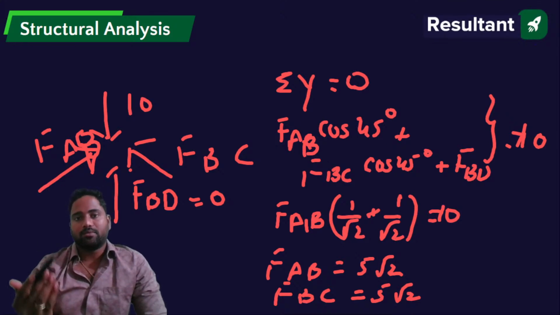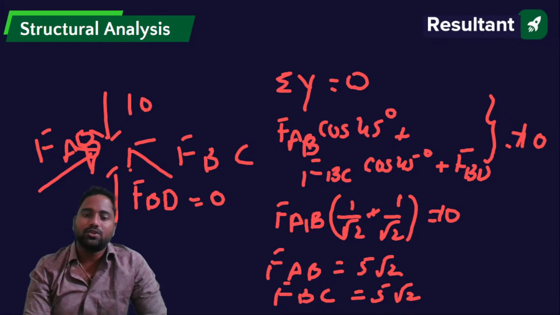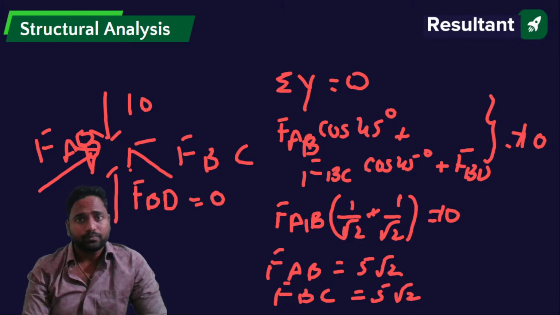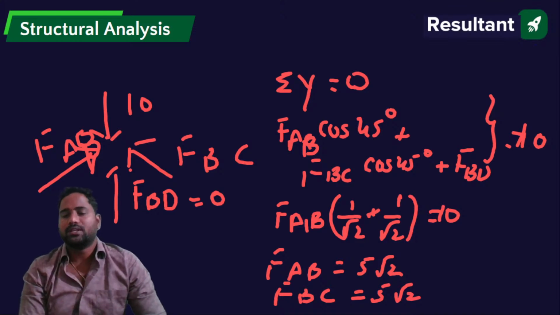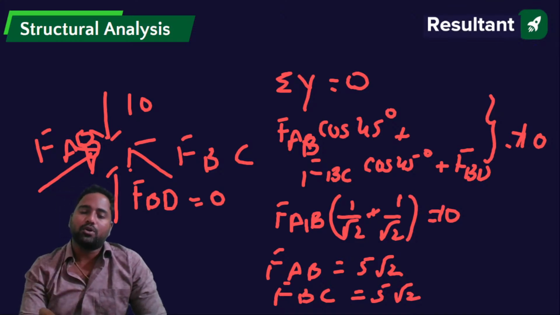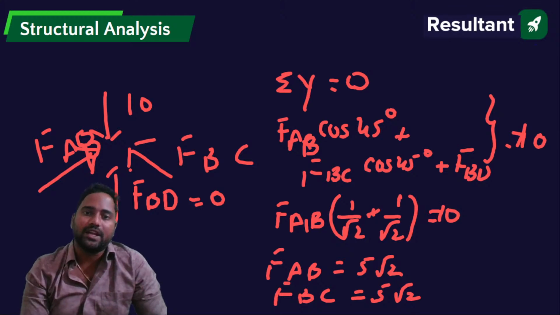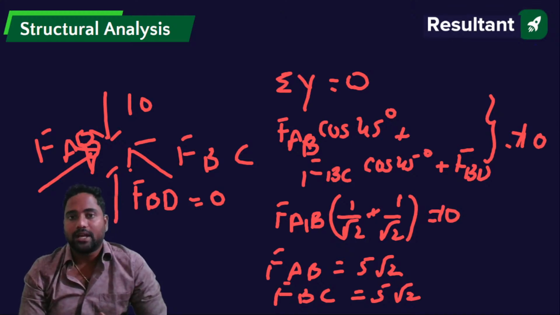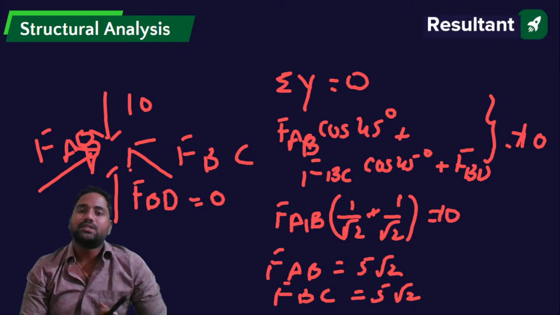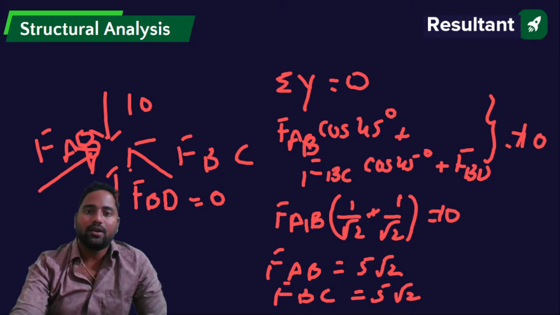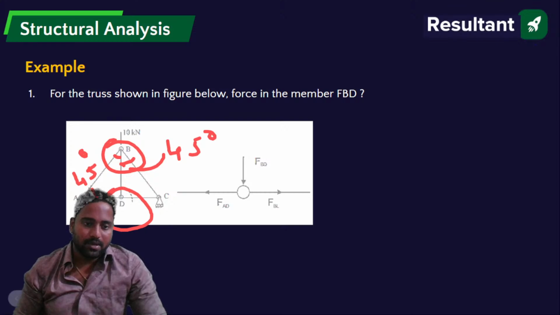Next, I took the summation of forces in y direction equals 0 and got FAB equals FBC equals 5 root 2. I assumed the direction towards the joint, I got positive, that means my assumed direction is correct. Am I clear? Fine. So this is how you try to find out the forces in the members. So I got the forces in the members.